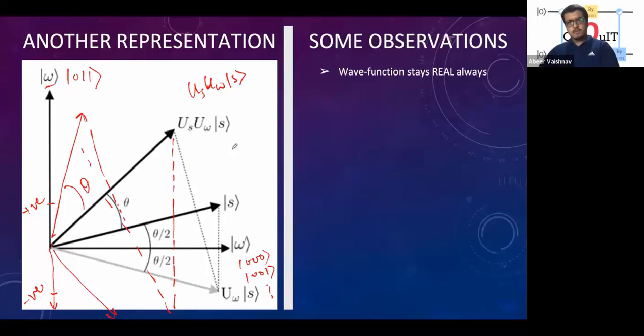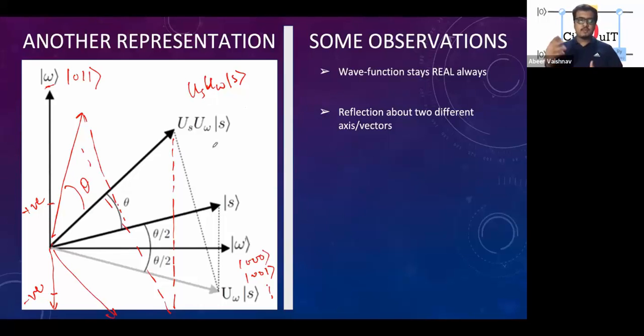Second observation is that this relies on a number of reflections and oscillations. This can be represented as a phase diagram, which can correspond to some kind of oscillatory system, and this reflection can be seen as an oscillation about different axes or vectors.